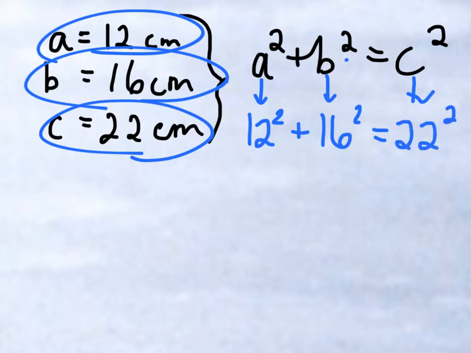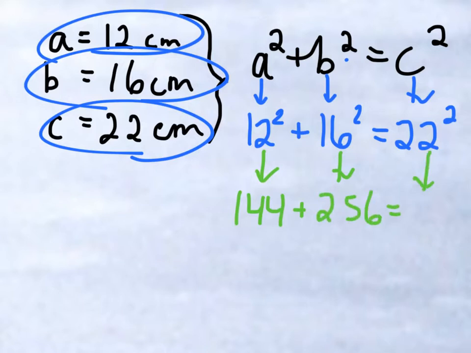Alright, next up we're going to solve these squares. So 12 squared is equal to 144. 16 squared gets us 256. And 22 squared would be 484.